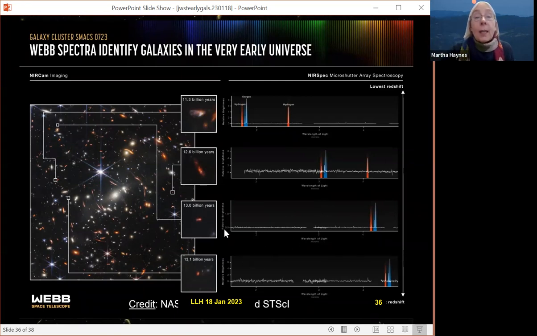And so again, that tells us that the light left this galaxy 11.3 billion years ago, left this one 12.6, this one 13, and this one 13.1, a little bit more. And this feature is this feature, which is this feature, which is this feature. The features have been shifted, the light has been shifted to the red because the objects are further away.